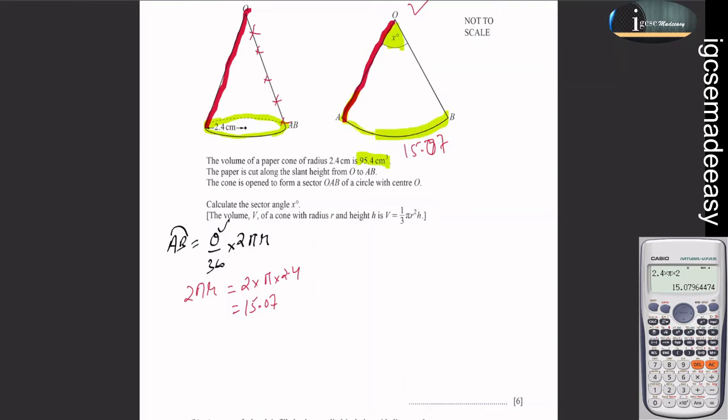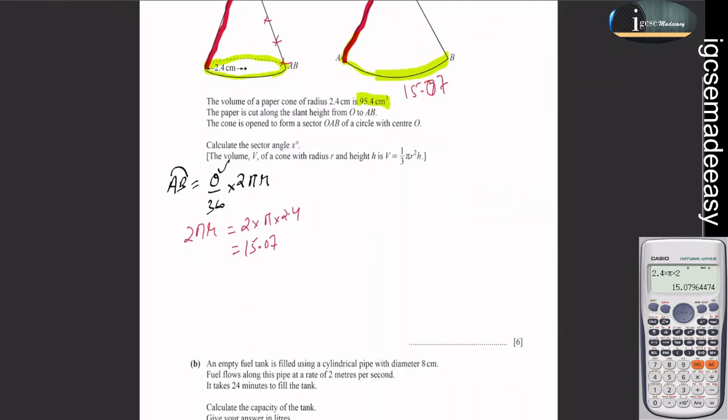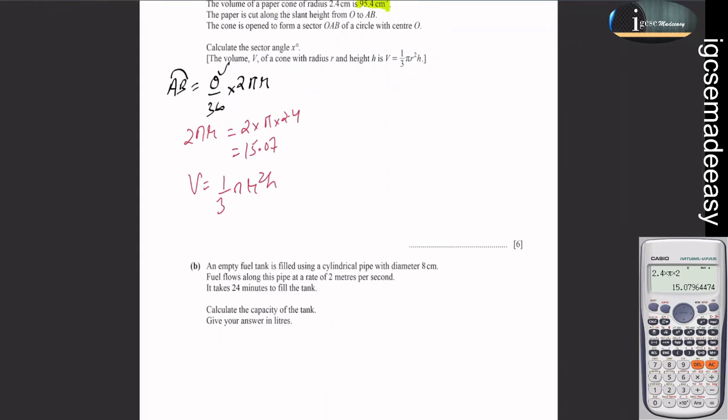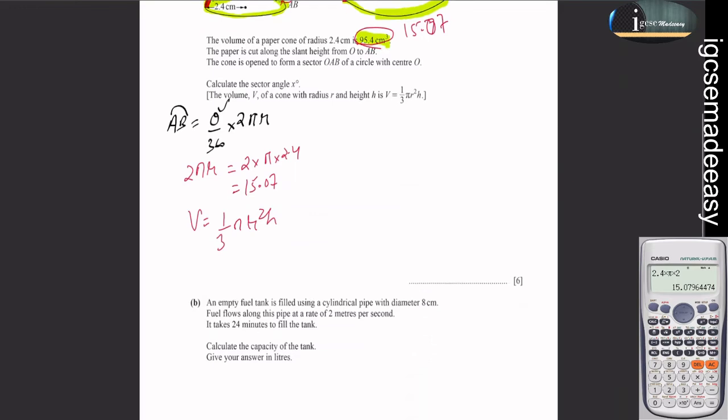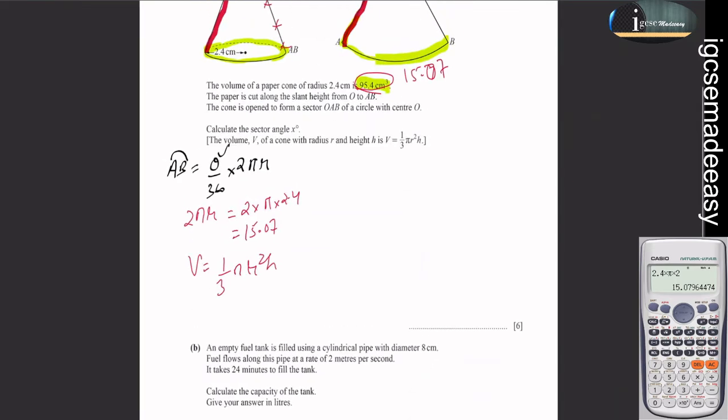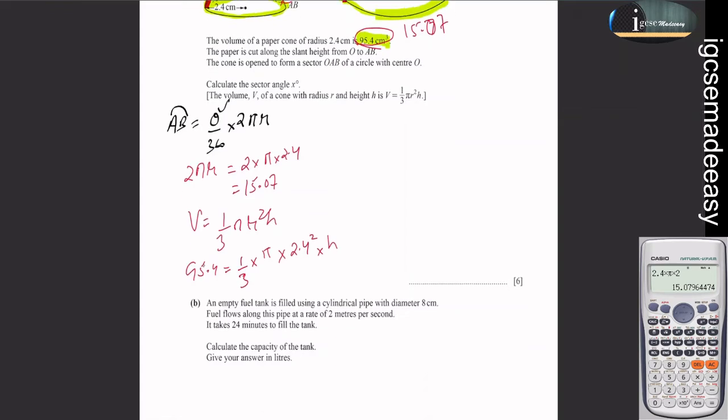Now we can use the volume formula to find the height. Volume equals 1 by 3 pi r square h. The volume is already given as 95.4. So 95.4 equals 1 by 3 into pi into 2.4 square into h, which we have to find out.